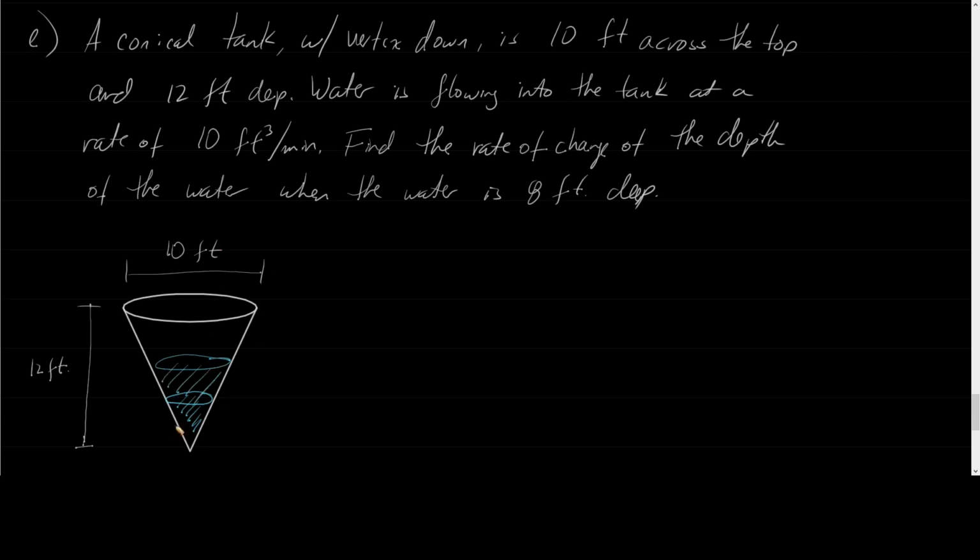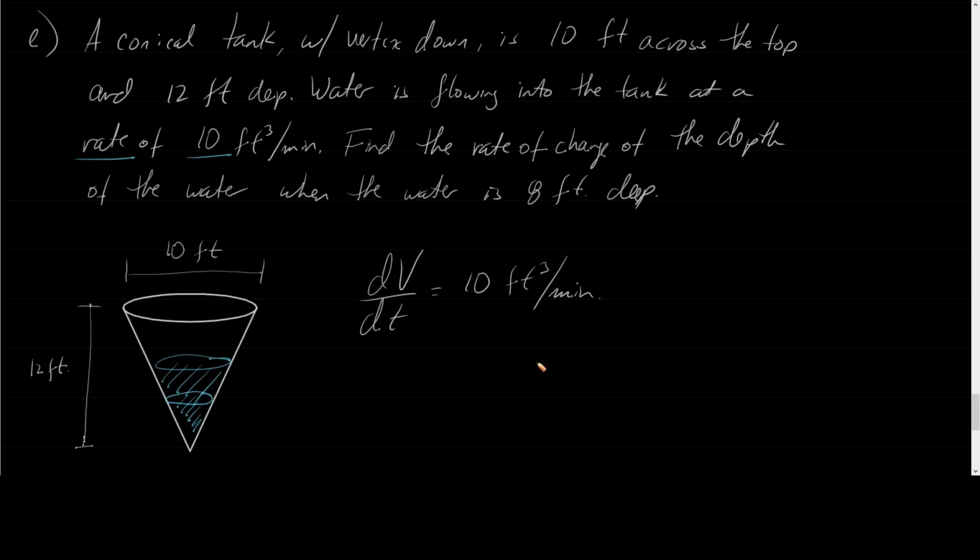So we have different points of where this water depth is throughout time. All right, so what do we care about here? The water is flowing into the tank at a rate of 10 cubic feet per minute. So what that tells us is that the volume of this water is changing. These units are in volume. So the volume of the water is changing at 10 cubic feet per minute.